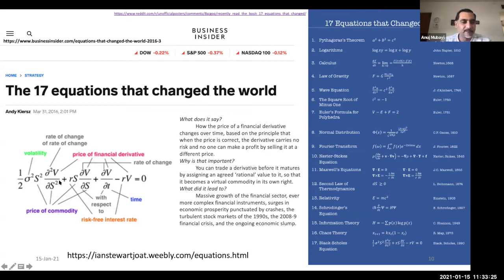For example, these are the details that you have to write, what each one stands for, in order to understand the whole model equation. It is capturing the changes that are happening in some financial derivative. V stands for the financial derivative, S stands for the price of the commodity, and T is time. So how these various aspects impact the financial derivative. There's a relationship between them. That's a very important model.